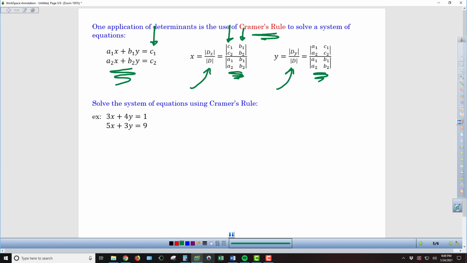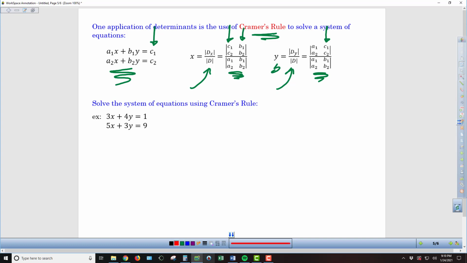And then you can see in the second setup for y, the constants are replacing the coefficients of the y variable, but the x variable coefficients are still present. So using this set of determinants, we can find the solution to this set of equations.